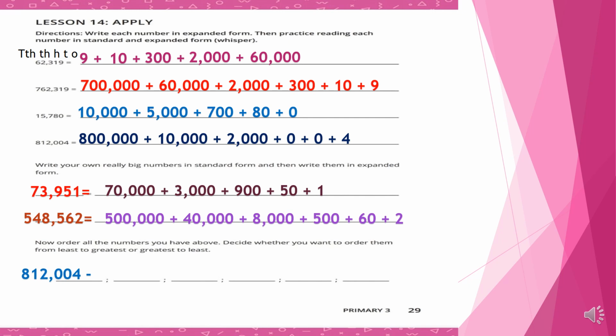From the greatest, our greatest number, 812,004. This is the greatest number. Then what else? What will be the greatest else? 762,319. What is the next greatest number?